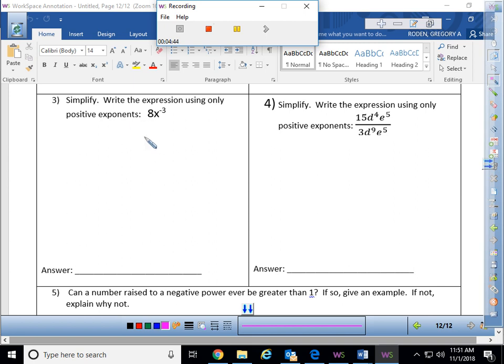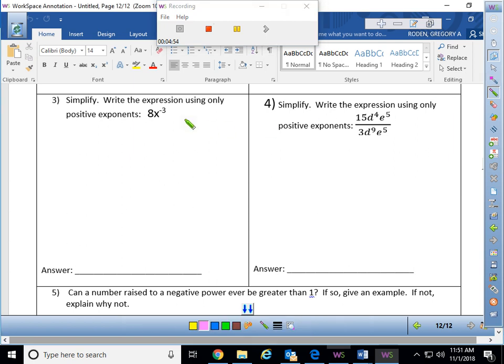Okay, on number 3, it's saying that we want to write using only positive exponents, so we don't want any of these negative exponents. Now, I'm looking at this thing, and I'm noticing this negative 3 exponent is only connected to the x because there's not parentheses around the 8x. It's only connected to the x.